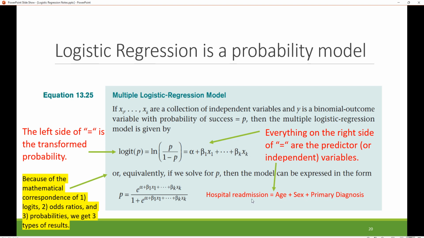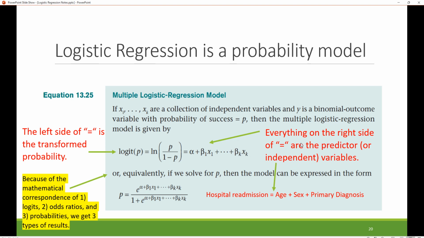Because of the limitations we just covered, with the binary outcome we're constrained to a value of 0 or 1, and because a multiple linear regression can't handle that, we need to use a logistic regression that does calculate probabilities for us. And so that's why we say logistic regression is a probability model.